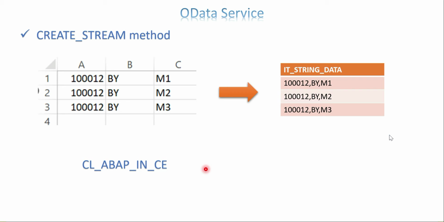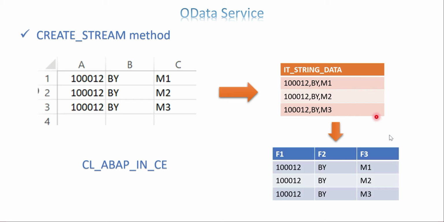We have a read method that will read the content and make it available for us in a string variable, and then from the string variable we are going to add it to our string internal table. Then we are going to move to our final internal table, separated by the respective columns.